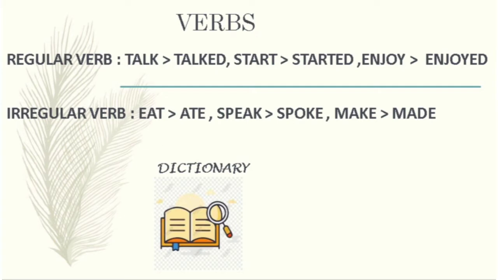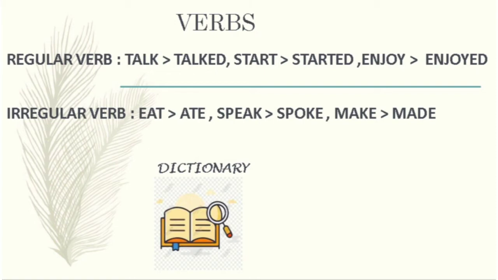Okay, but some verbs are irregular verbs. Irregular verbs don't have a simple rule for understanding past tense conjugation, how to change them into the past tense. There's no rule for that. You simply have to practice. You have to remember them, read them, listen to them until you can remember the correct conjugation, the correct way to change the verb into the past tense.